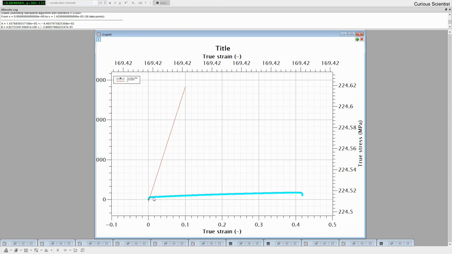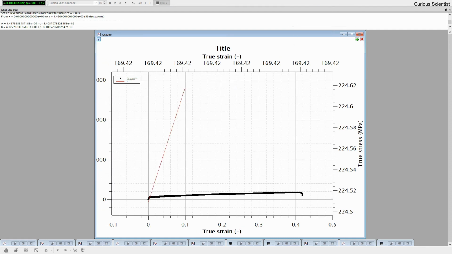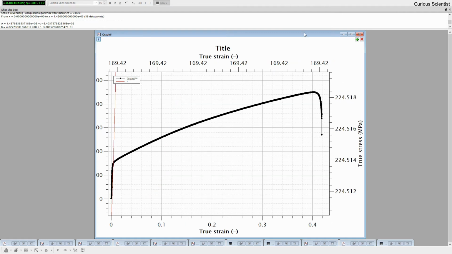Or if you want, then basically you can fit, sorry, so basically what you can do, I want to show you a little bit more precisely.